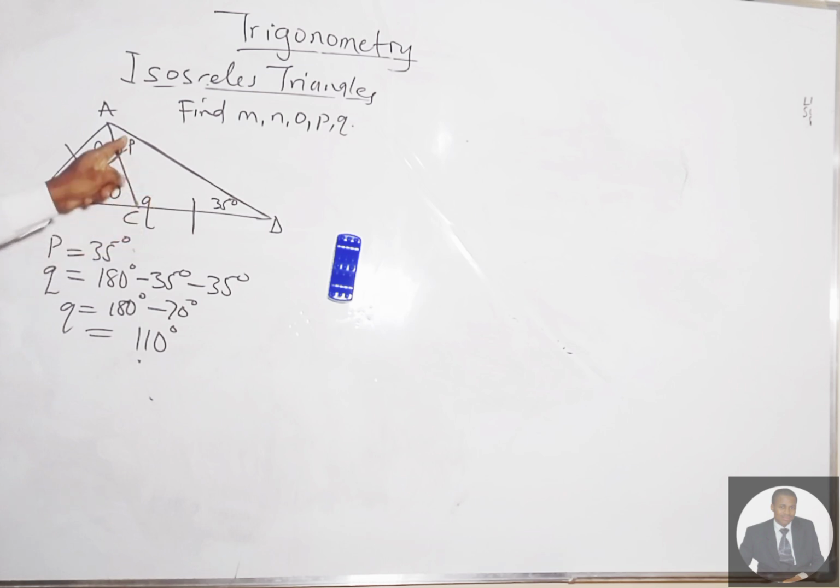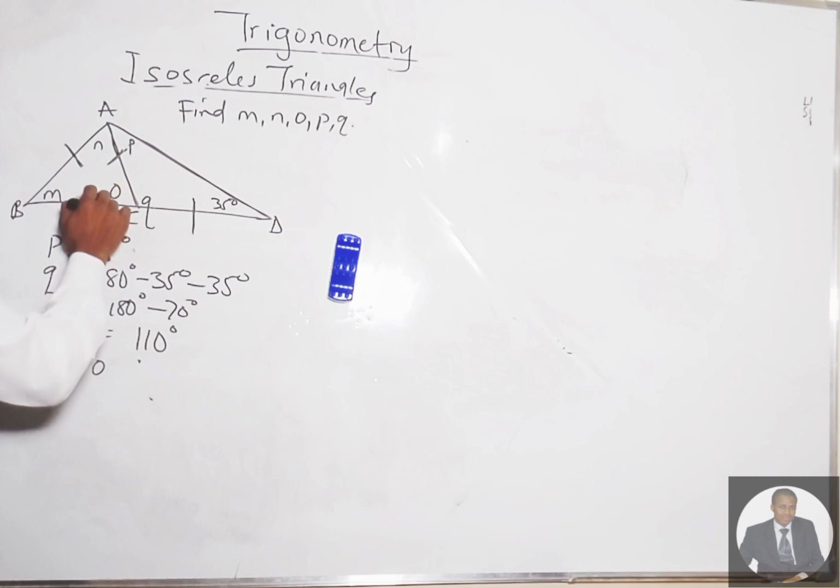So we found this, we found this. How do we look for this? Now, this is another isosceles triangle, ABC is another isosceles triangle. And then their base angles are M and O. So M is equal to O. Now, how do we look for O?